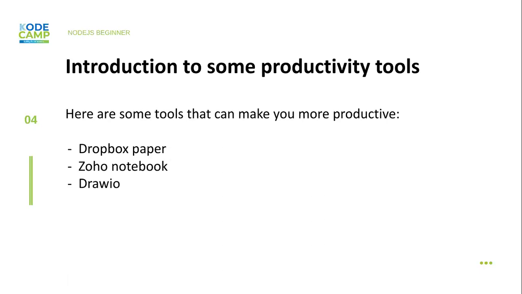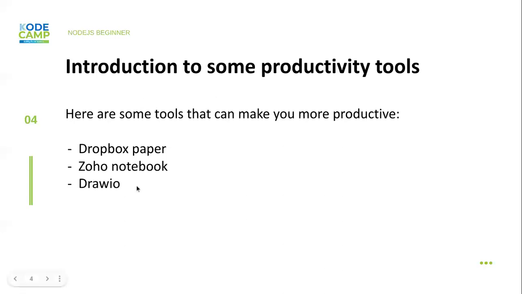The same goes for Zoho Notebook, but it allows you to manage more than one note. You can create a book that has different pages. You can check that out.